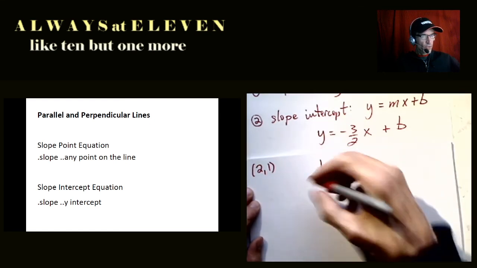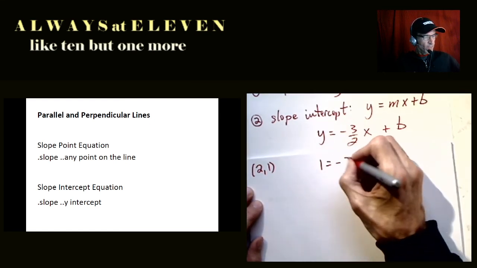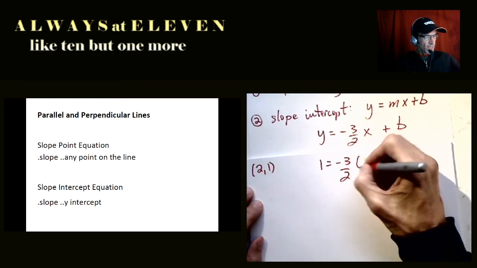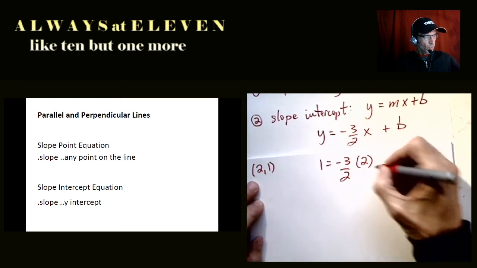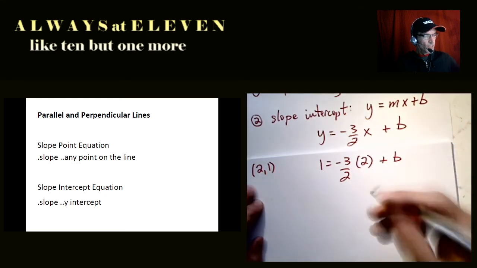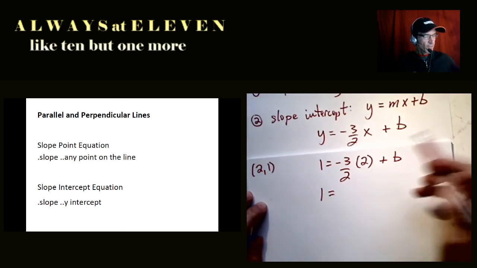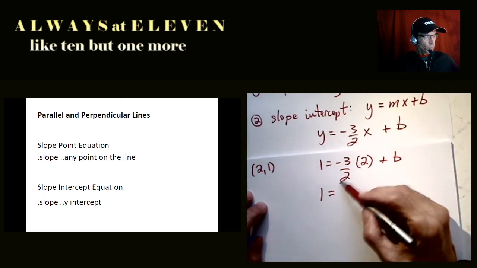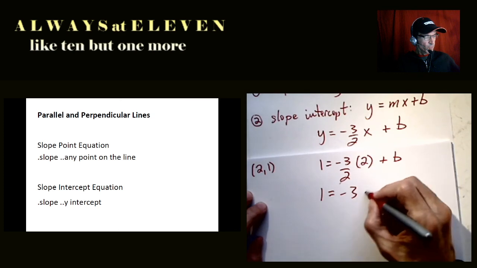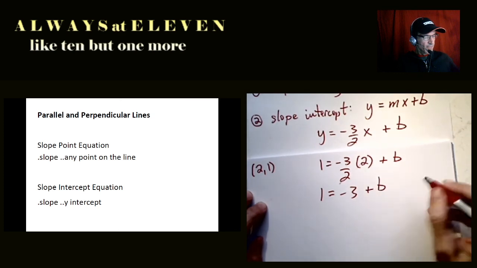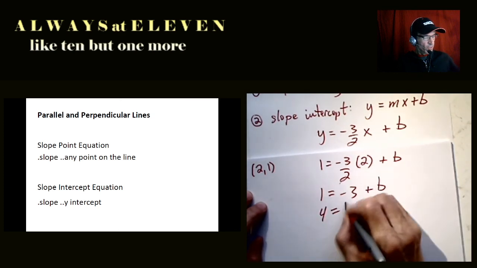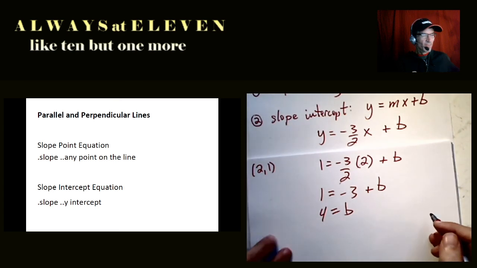Remember, working vertically. Minus 3 over 2 stays. X is 2 from the point we were given. B is the only letter that remains. The algebra: those 2's cancel out. Left with minus 3, plus b. You solve it. B is equal to 4.